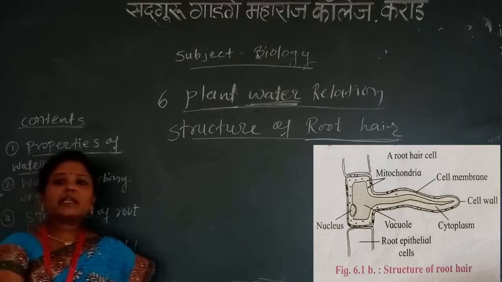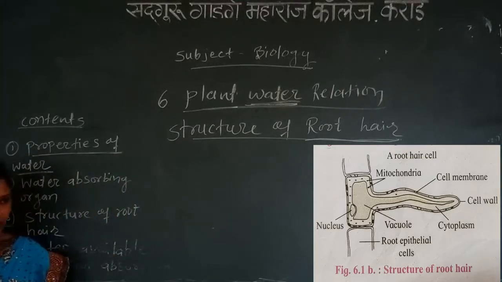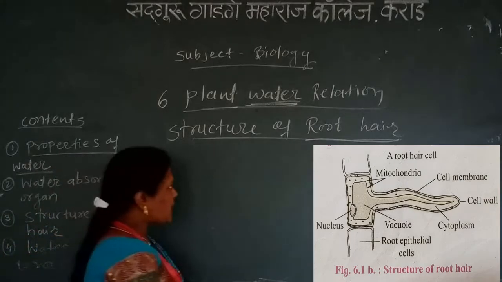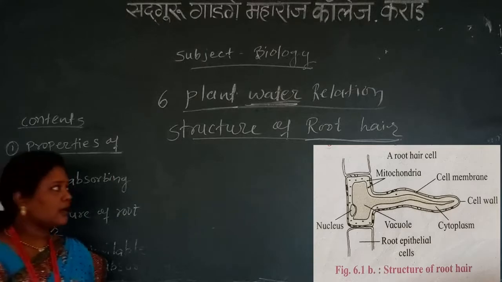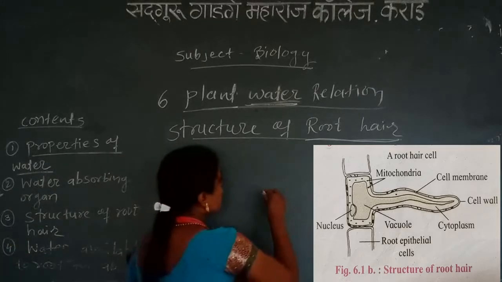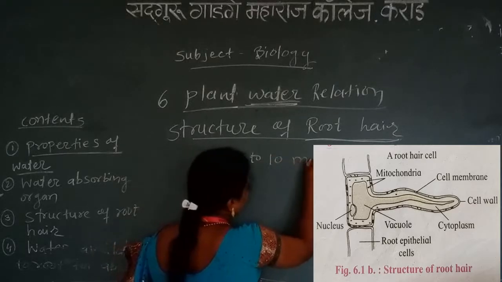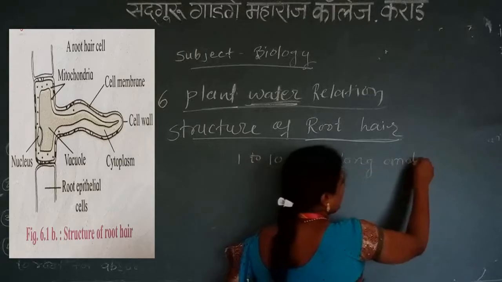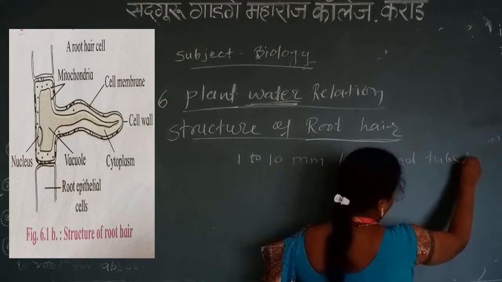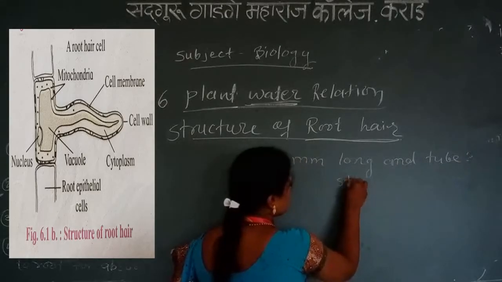Root hair is a cytoplasmic prolongation of the epiblema. Each root hair may be approximately 1 to 10 millimeter long and is a tube-like structure. What is the structure of the root hair like? It is a tube-like structure.